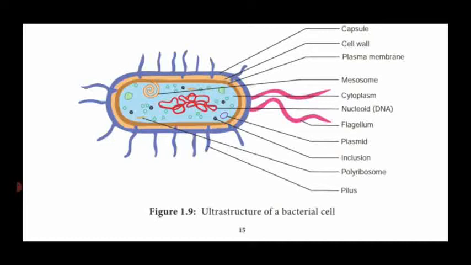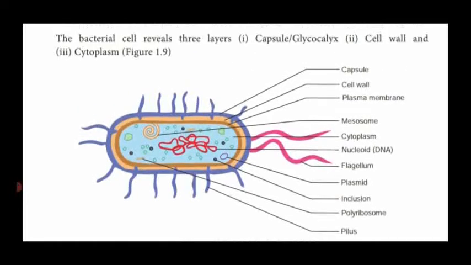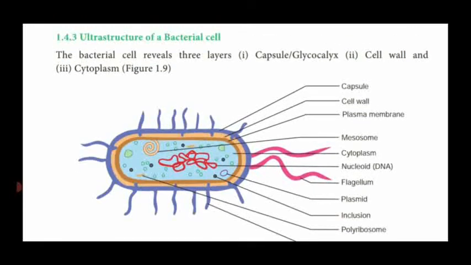Then polyribosome: 70S ribosomes, 10,000 to 15,000 in the bacterial cell, held together on an mRNA strand, form a polyribosome or polysome. Then another one, fine hair-like appendages present on the surface of the bacterial cell wall, are named pilus. Some pili which form the conjugation during sexual reproduction are named sex pili. So these are all the different structures present in the ultrastructure of a bacterial cell.